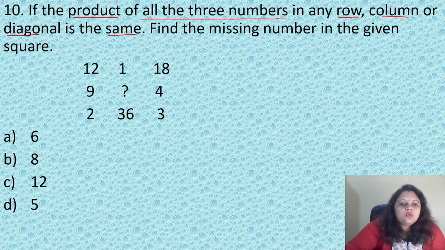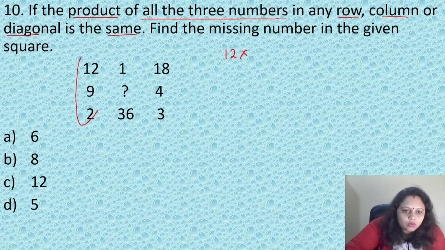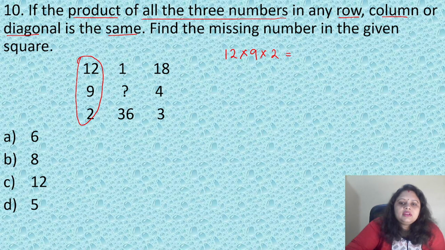Okay, so how to get this number? Let me multiply 12 into, I am taking this column now, 12 into 9 into 2. That is equal to 12 into 9, that is 108, into 2, that is equal to 216.